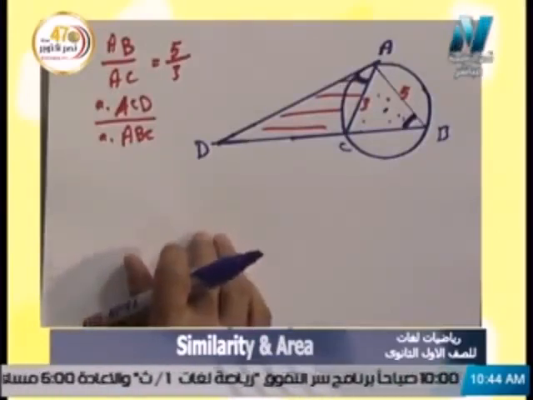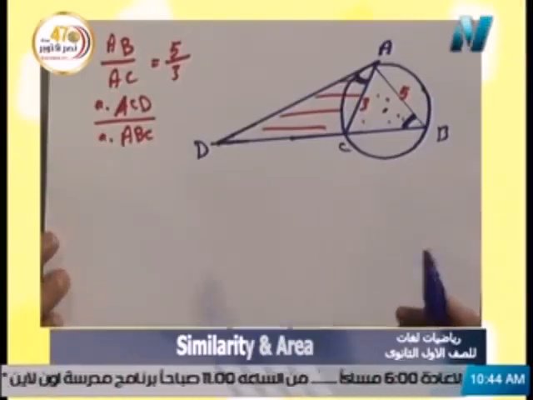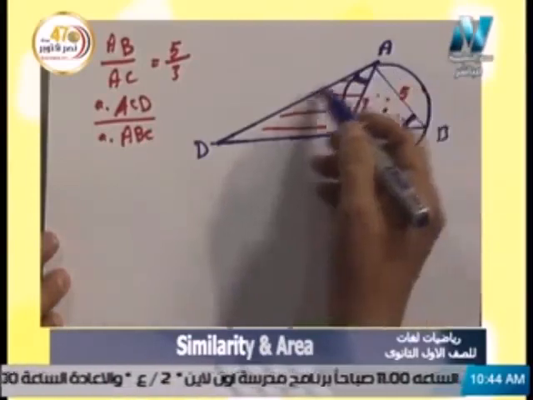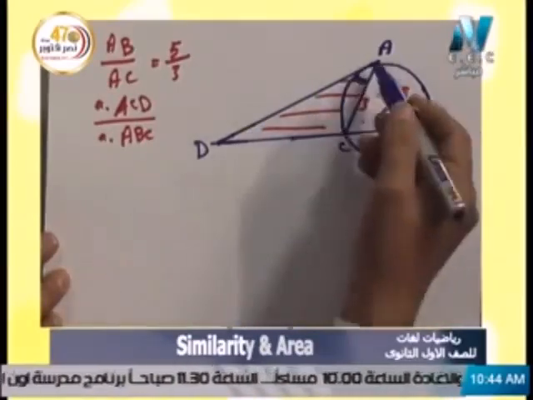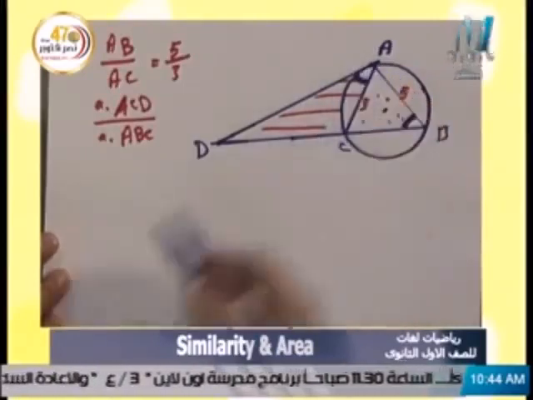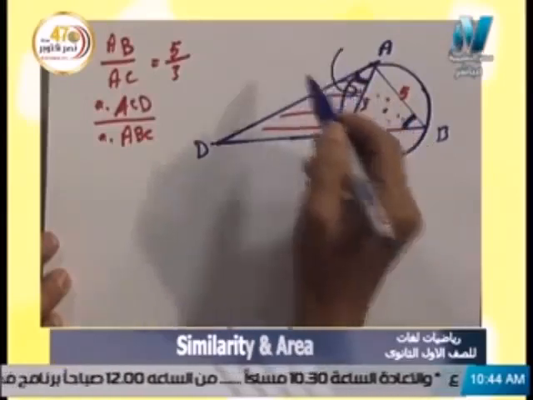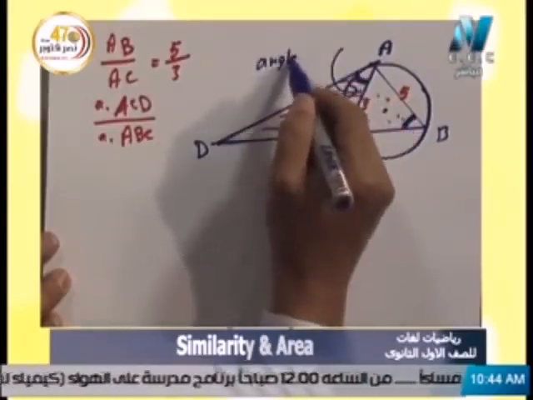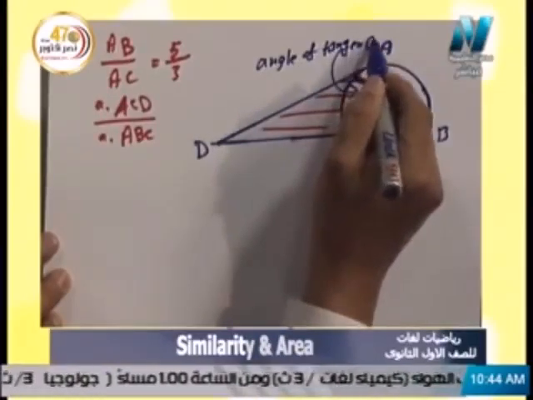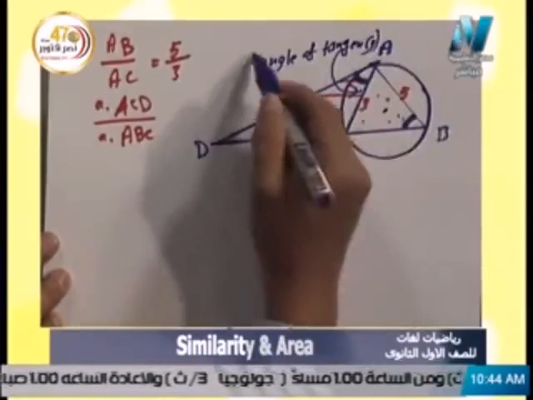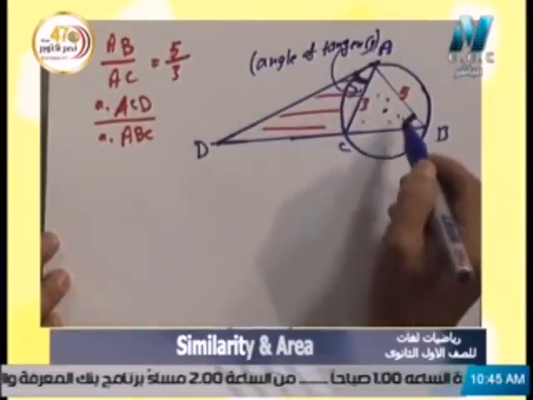Okay, and if you don't know about it, I tell it to you now: if we have a tangent like that, a tangent touches the circle at one point, as we see now, at A, and we have a chord, the angle here is called the angle of tangency. This angle of tangency equals in measure the inscribed angle here, right?